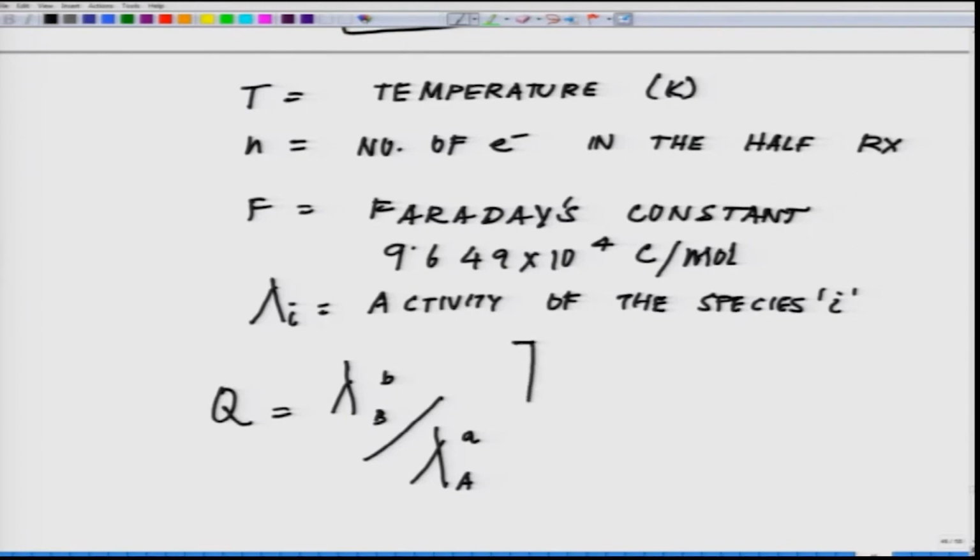This is an important part to realize. So, the activities need not have their equilibrium values, and pure solids, pure liquids and solvents are omitted from Q because their activities are unity or close to unity. So, remember, for the Q you cannot use pure solids, you have to omit them.